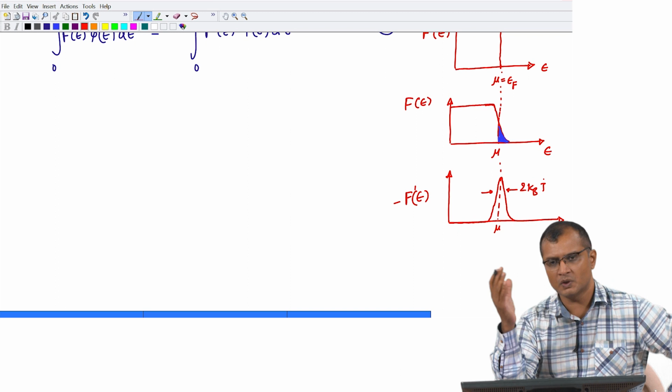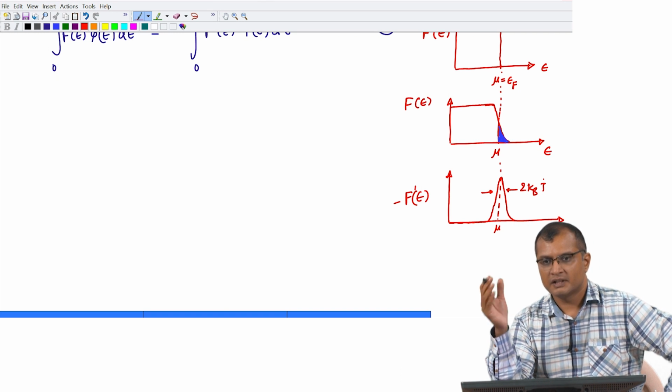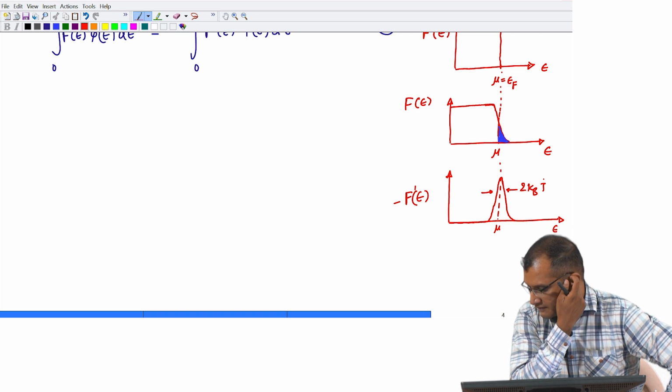About kT over k times Tf is the fraction of electrons excited above the Fermi surface.